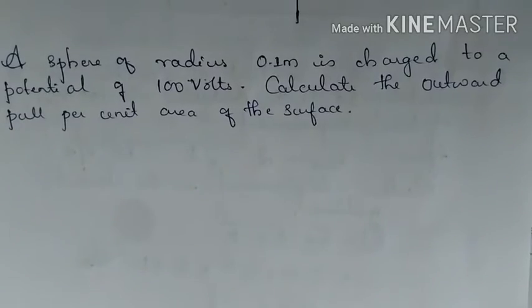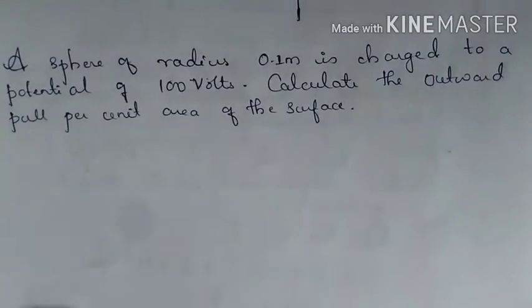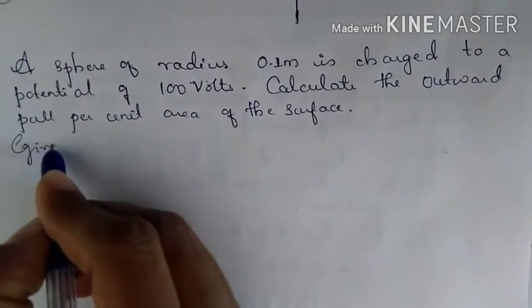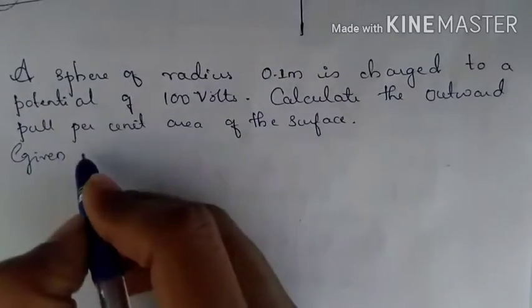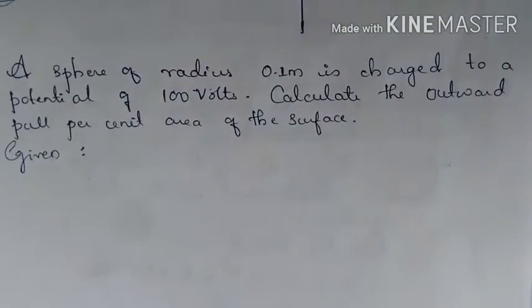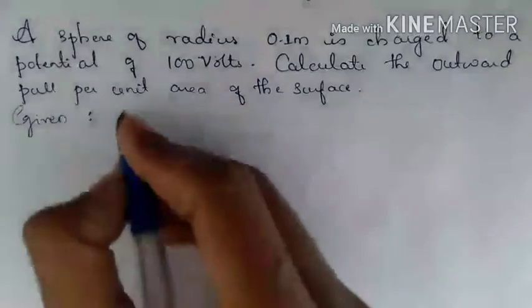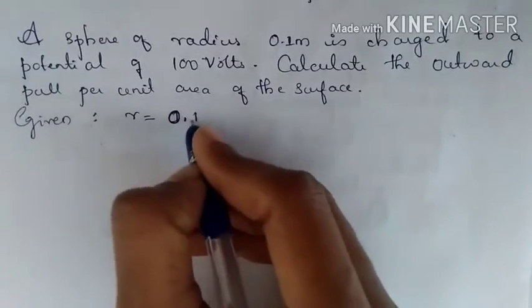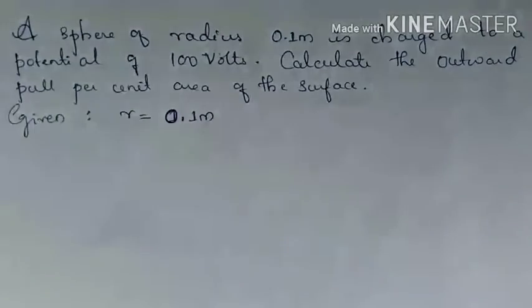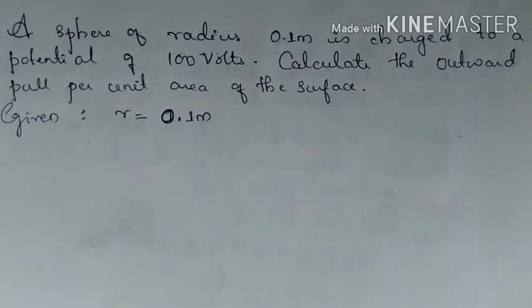To do that, let us first write the given things. So what is given? Radius of the sphere: r is equal to 0.1 meter. So this is the sphere radius.